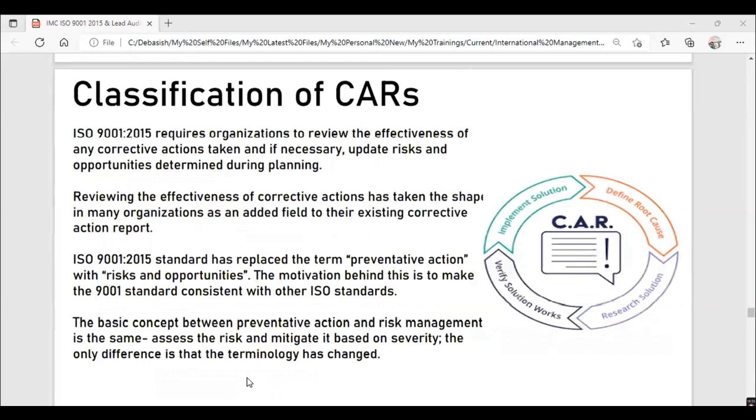We are now going to talk about something called Corrective Action Report, or CAR, in audits. A corrective action report is a procedure used to respond to a defect and originate a corrective action.